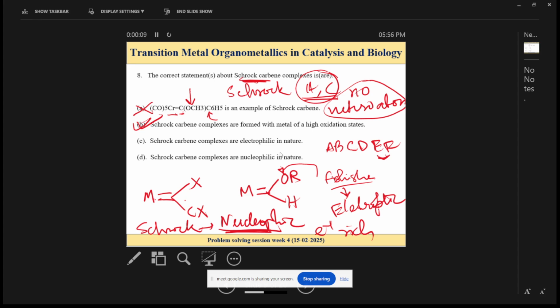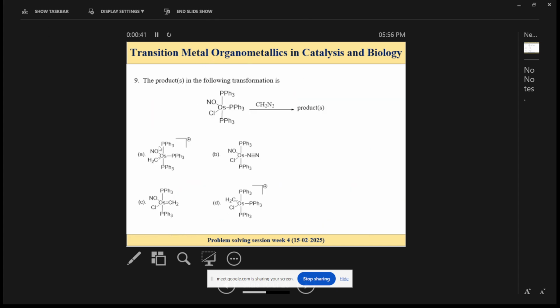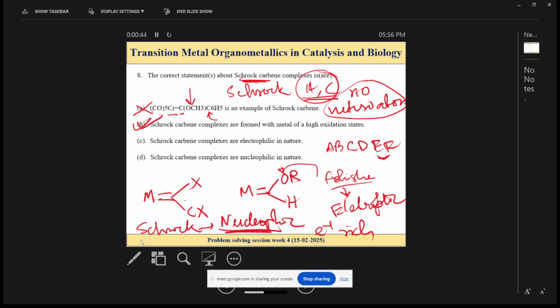The next option says Schrock carbene complexes are electrophilic in nature.